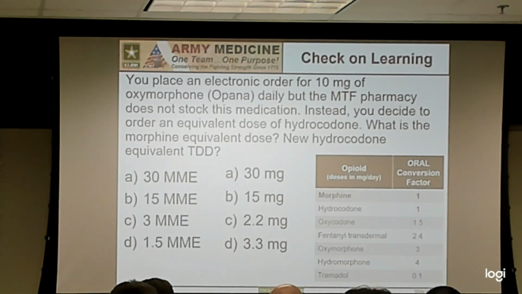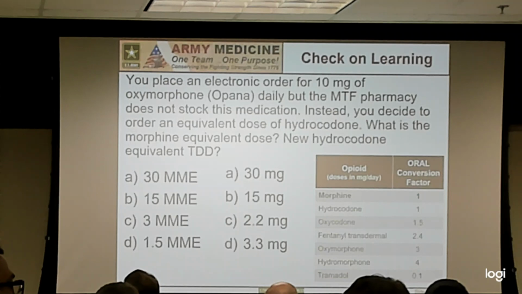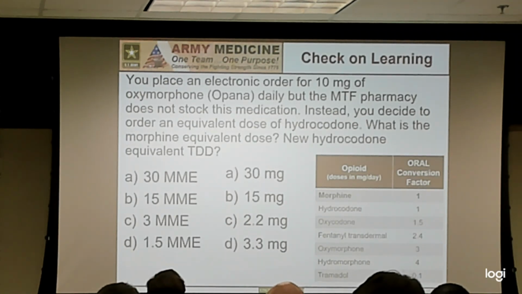Over your old conversion factor. So my answer that I'm going to get is 3.3333333, right? So D would be my answer.